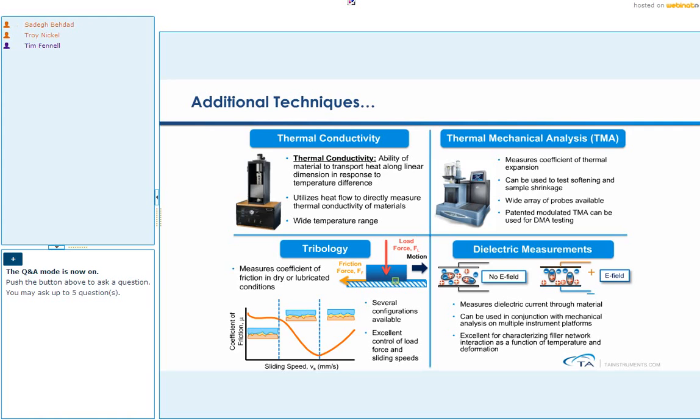Another good test that you can do is a dielectric measurement system. This is looking at how electrical energy is dissipated or transferred through your material. So you're looking at capacitance and conductance changes inside your material as you are applying mechanical deformation to it inside a rheometer.